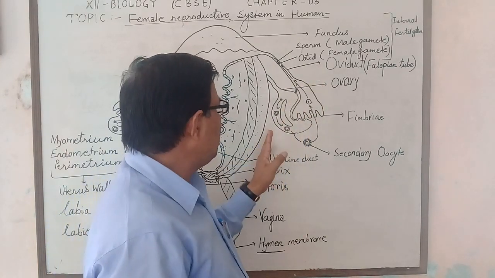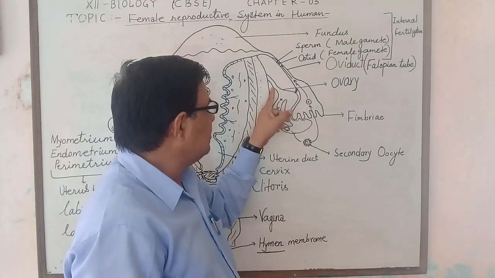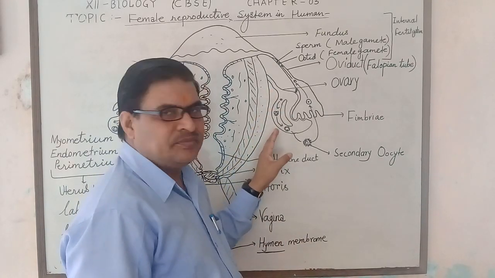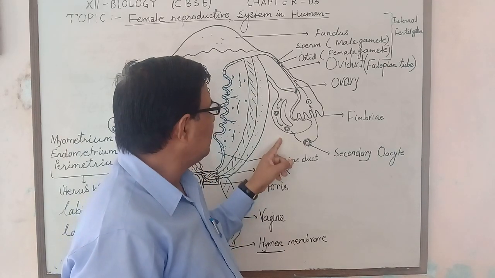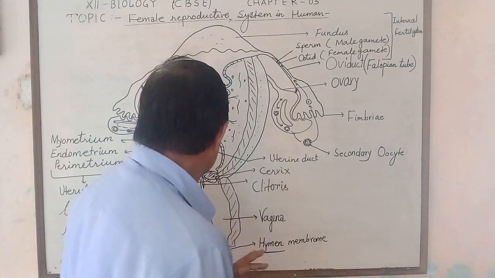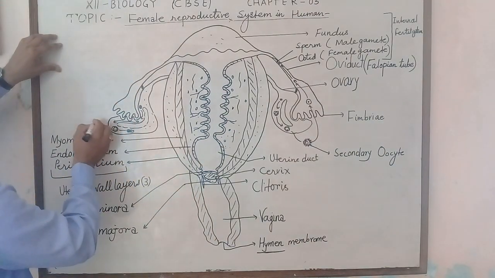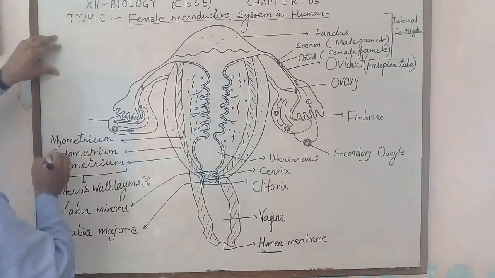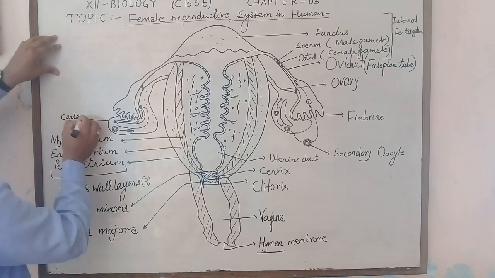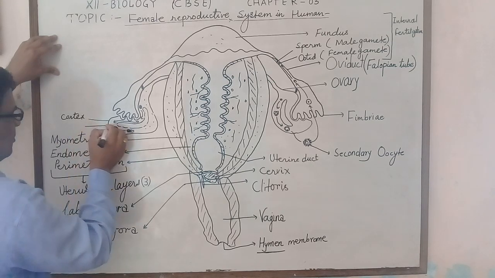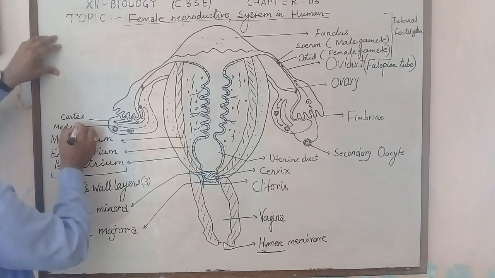Internal fertilization occurs in the oviduct. The ovary is attached to the uterus wall. The ovary has two parts: the outer part is called the cortex and the inner part is called the medulla.